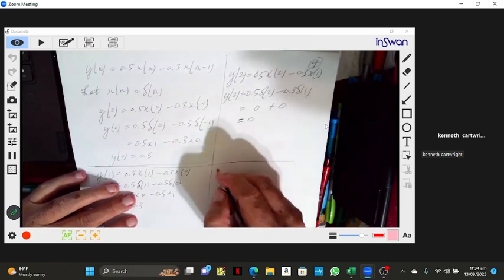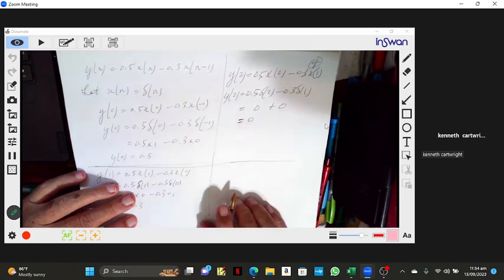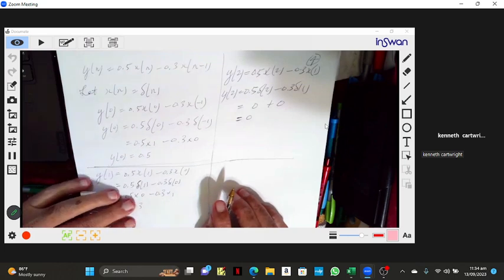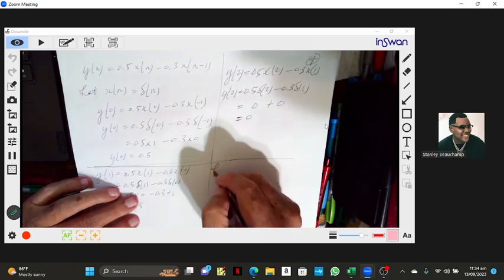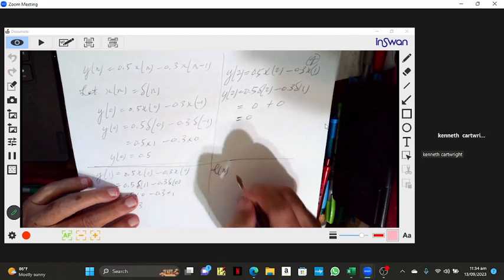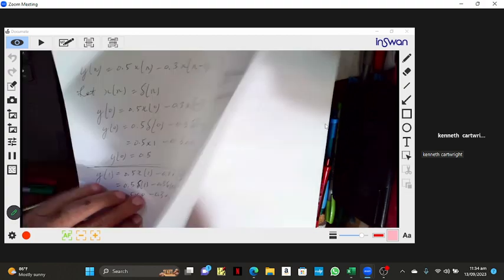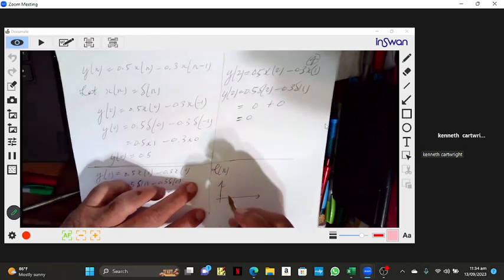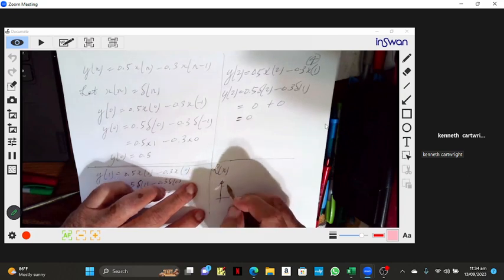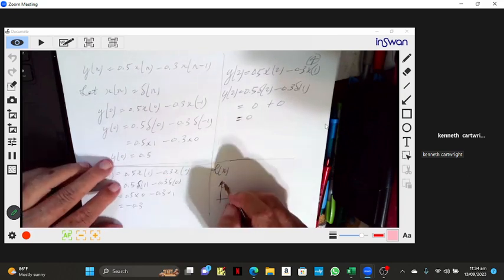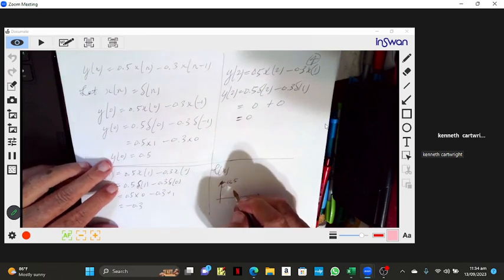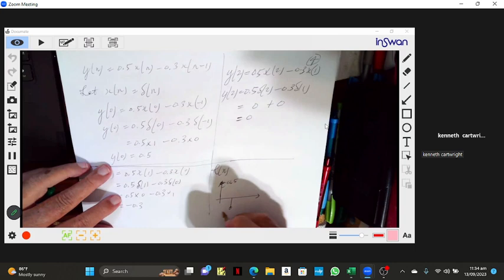So the output then, what's the output called? Impulse response. So h of n. What does h of n look like? It is at y of 0, 0.5, and then y of 1 is negative 0.3.